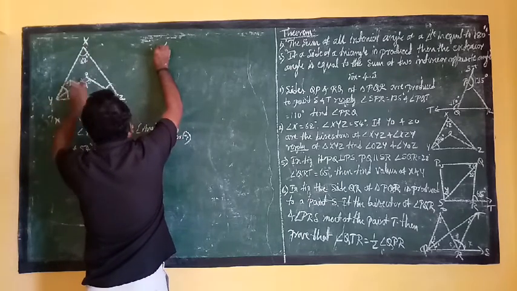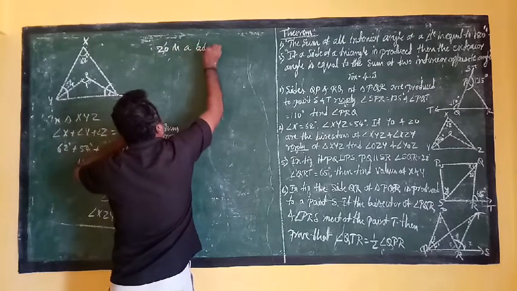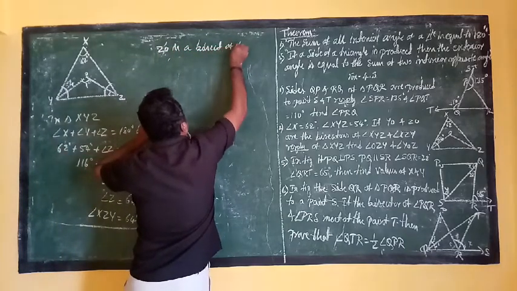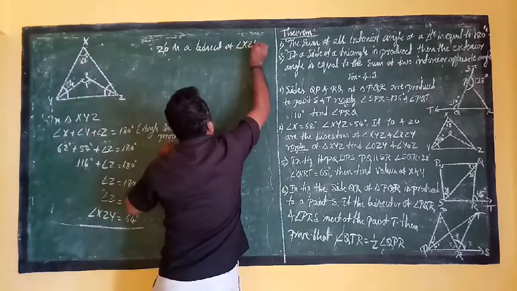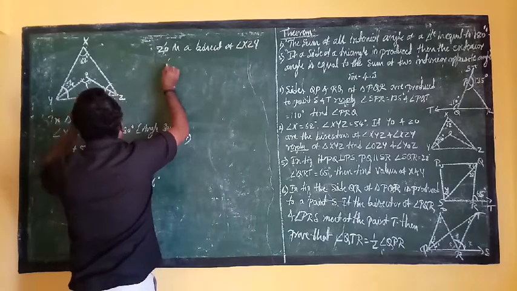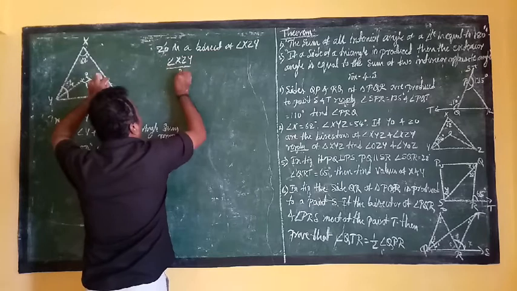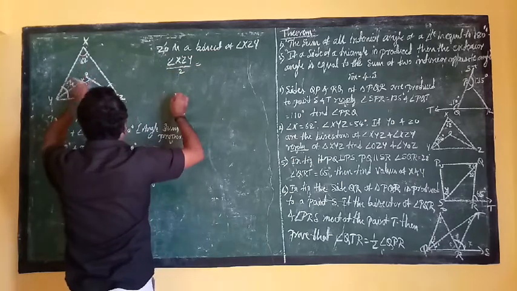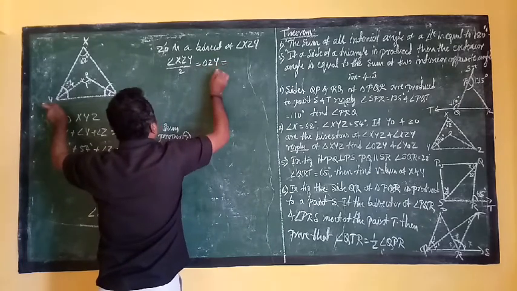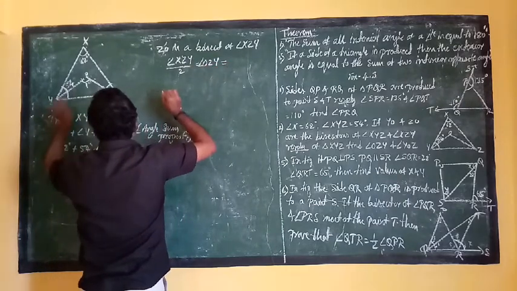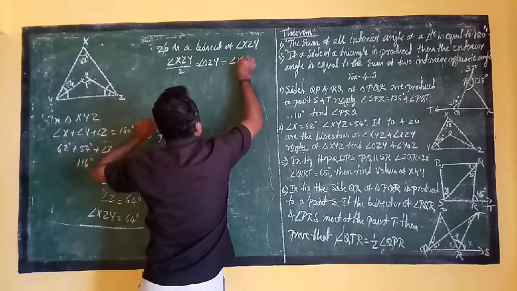Therefore, ZO is a bisector of angle XZY. If you bisect XZY, dividing by 2, OZY is equal to OZX, or XZO.